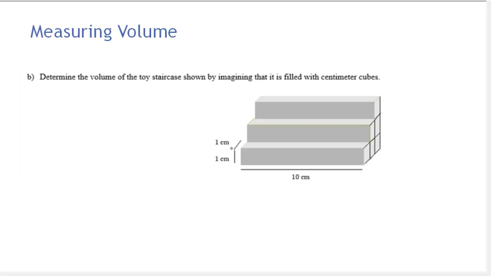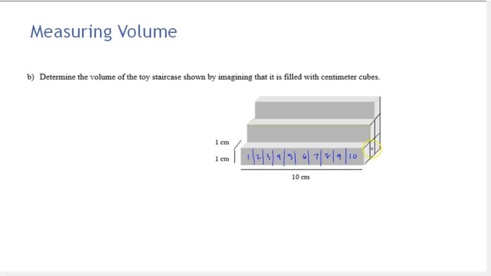Okay, so let's imagine filling it with centimeter cubes. Well, this is 10, so if I went straight across, there'd be 1, 2, 3, 4, 5, 6, 7, 8, 9, 10 cubes here. Okay, and again, pretend they're the perfect cube size, even though I'm not a good drawer. So each one of these would be 10 cubes.